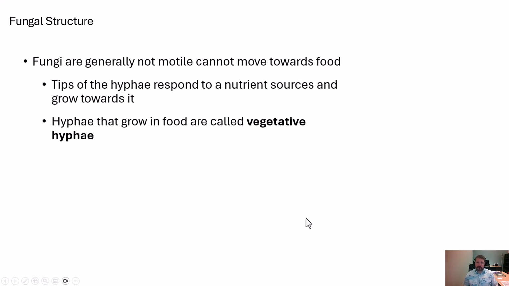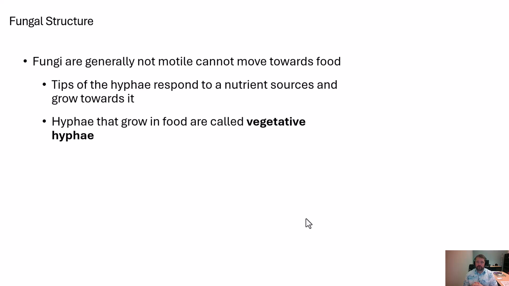Okay, so most people know that fungi are not motile. They don't move, except they can grow towards a food source or a nutrient source.